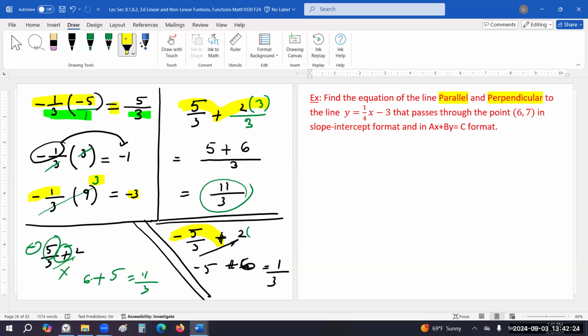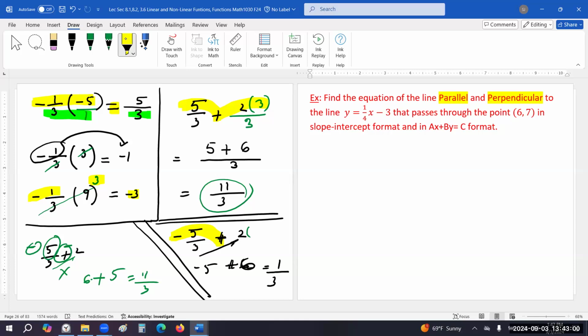So we take the x1 and then the y1. The point slope format is y minus y1 equals m times x minus x1.